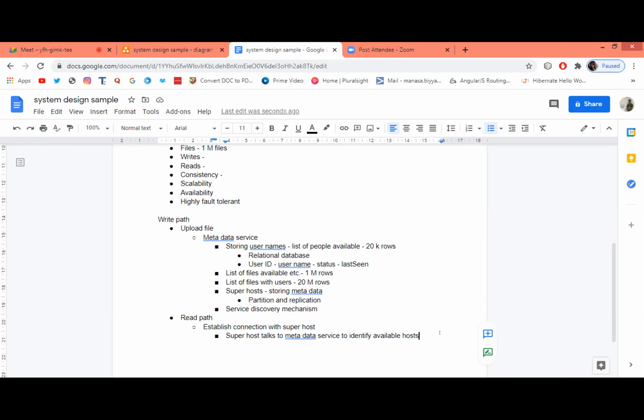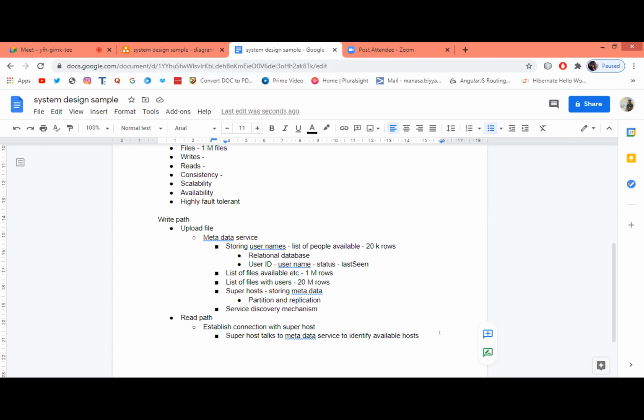So let's say my file is divided into 10 chunks and it is available across 10 hosts. Now option one: first of all, when dividing the chunks, I should know the order in which to combine this data.